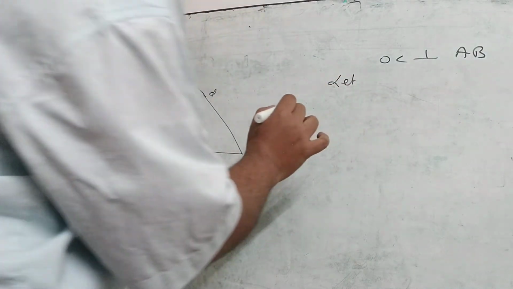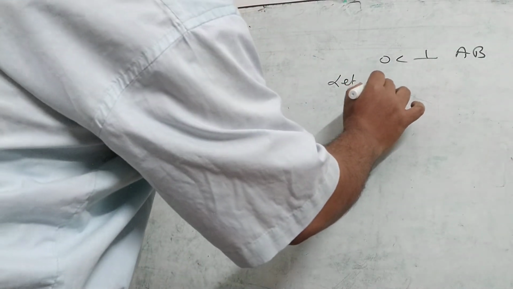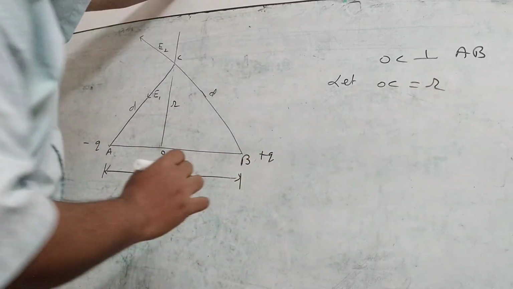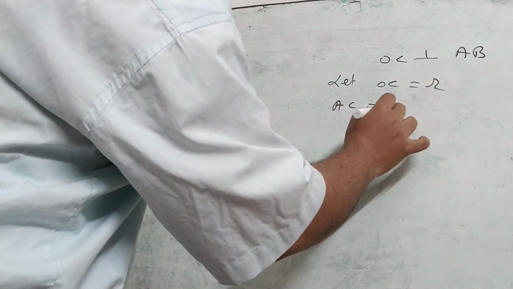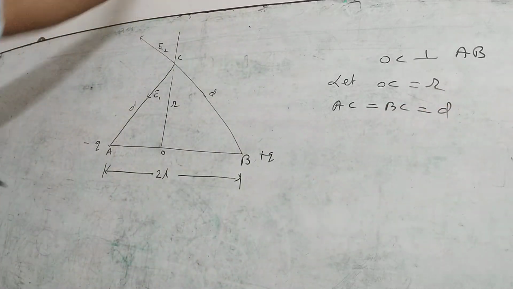Let OC is equal to R, AC is equal to BC is equal to d.